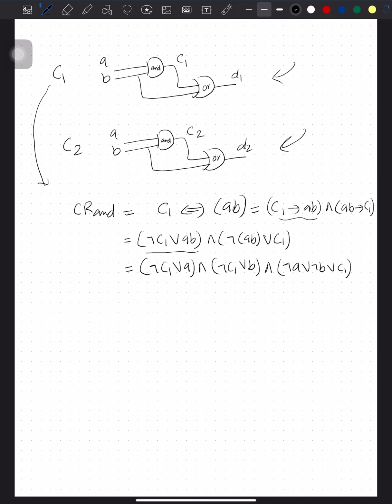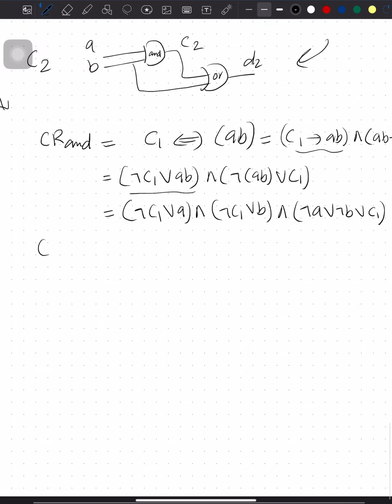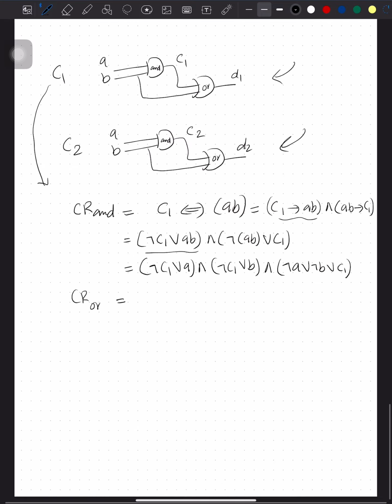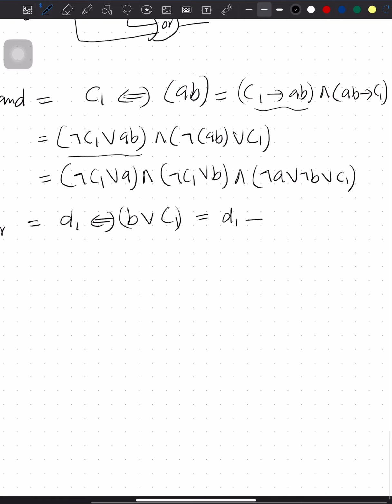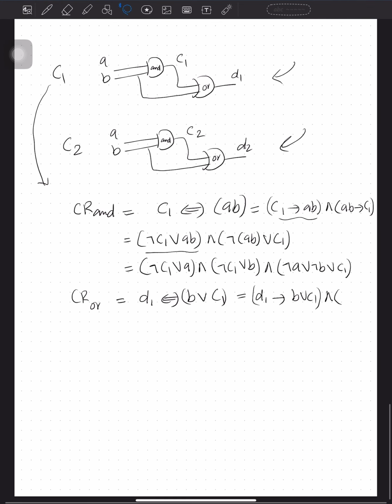Okay, so now we can redo this for OR, CR OR equals. I have D1 is equivalent to B or C1, right? We can further simplify this. D1 implies B or C1, and I'm running out of space here.